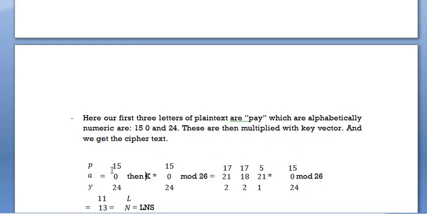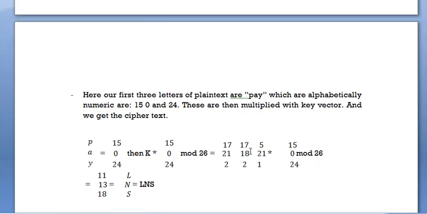So what is our formula? C is equal to Kp mod 26. This is our key that is given to us, this is the plain text, and this is the mod. Now when you do this matrix multiplication, that is 17 into 15 plus 17 into 0 plus 5 into 24.